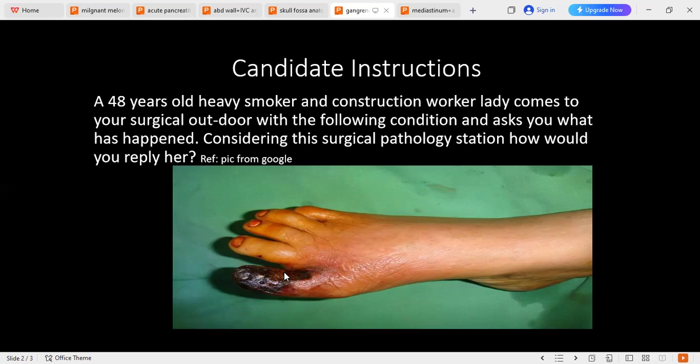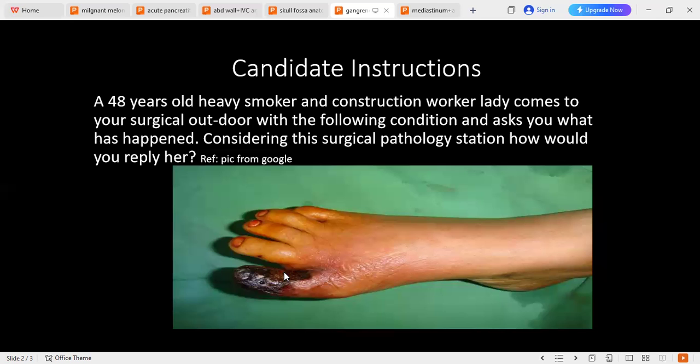Necrosis is a pathological cell death where the nucleus underwent pyknosis, the cell membrane is disrupted, and the cytoplasmic organelles become granules.